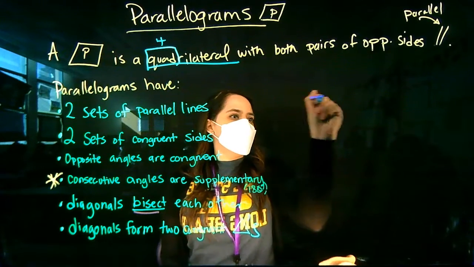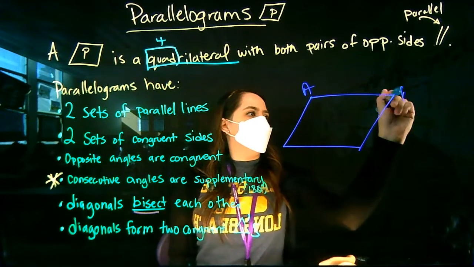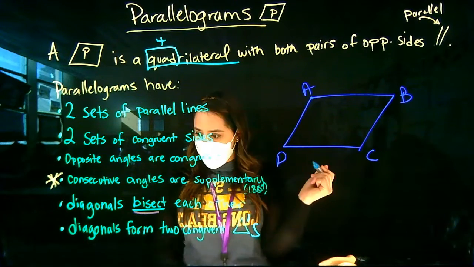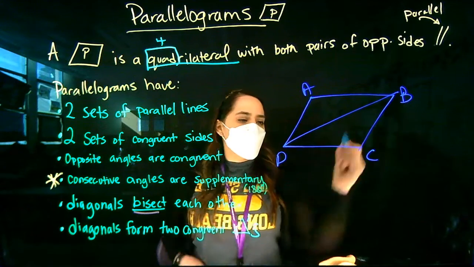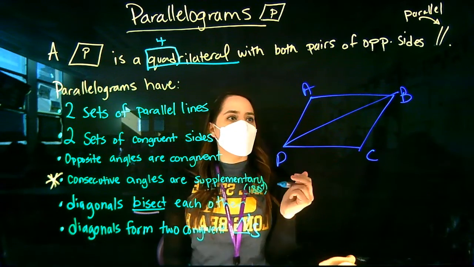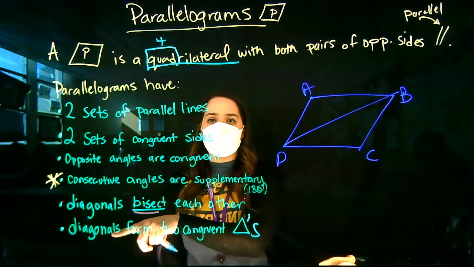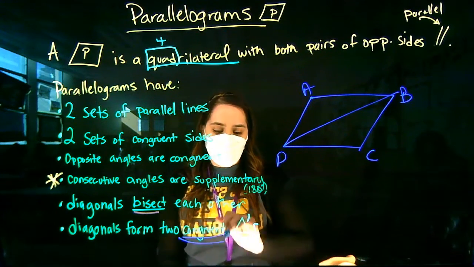So let's say I have my parallelogram, and I have A, B, C, D, and I'm going to connect the diagonal. How many triangles do you see? 2, right?